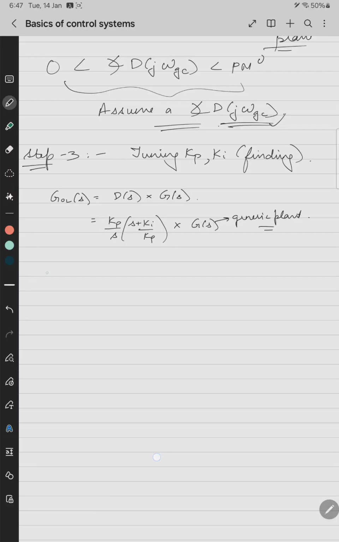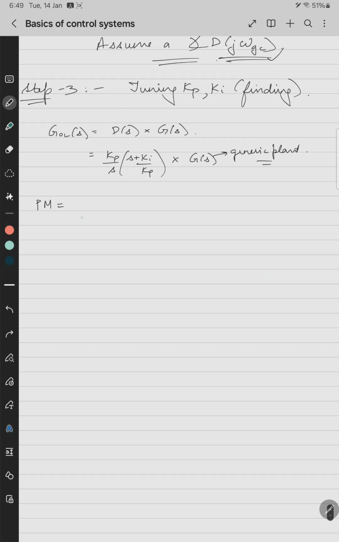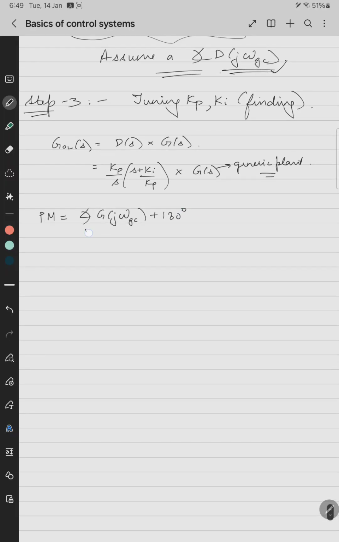Now I told you, phase margin is the angle that can be at phase margin for a plant. So I said earlier that phase margin is the angle of G at j omega gc plus 180 degree. This is the margin, but who will add this angle?